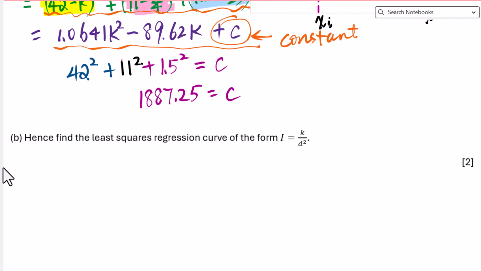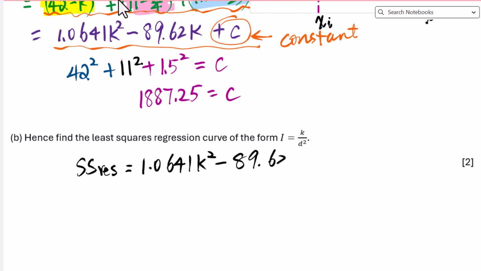Hence, find the least squares regression curve of the form I equals k over d squared. We know the sum of square residuals equals 1.0641 k squared minus 89.62 k plus 1887.25.